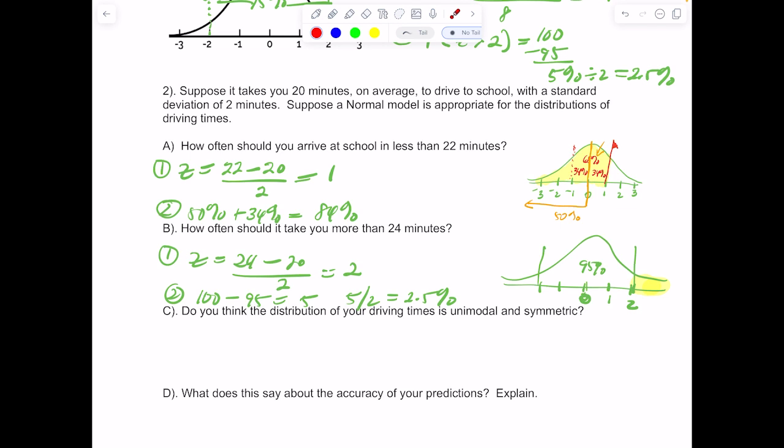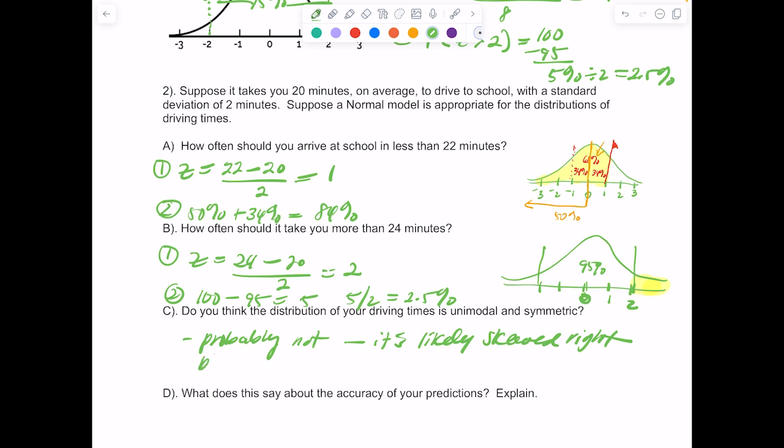So I would say probably not. It's likely skewed right because of traffic incidents and some outliers. Those incidents would increase time, we would assume.